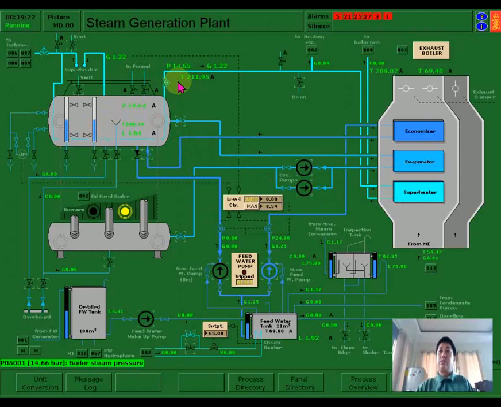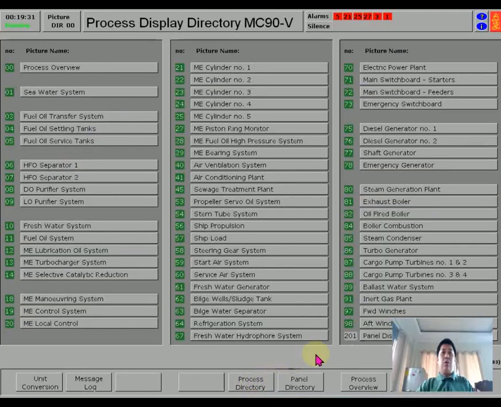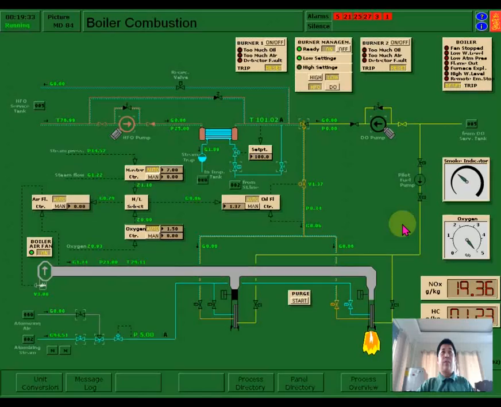Now this situation here, your boiler combustion is working in automatic mode. I want to drain the steam. What is happening in this boiler combustion?